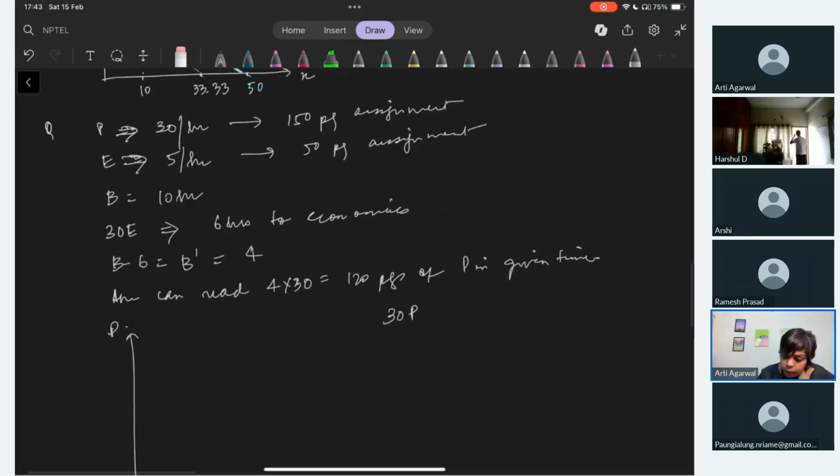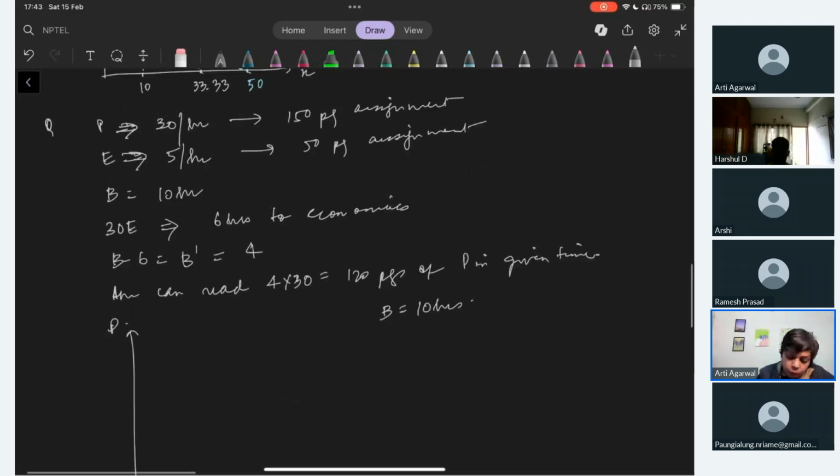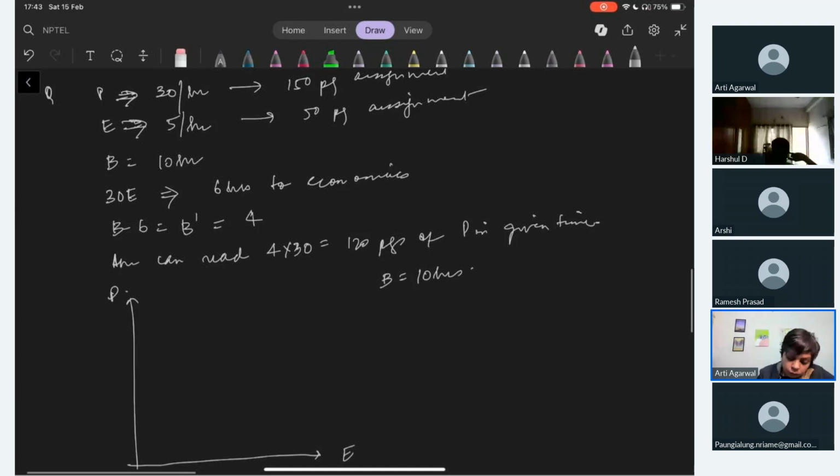Give me a minute, because this is pages per hour, so that is not really the price. The inverse of that will be the price, because in 1 hour you're reading 30, in 1 hour you're reading 5, right? So the budget we know is 10 hours. Quantity, we can say the number of pages, and you can say that hour per pages is the price, right?